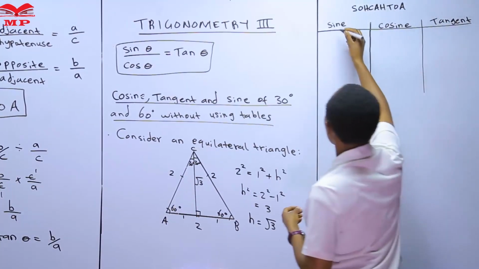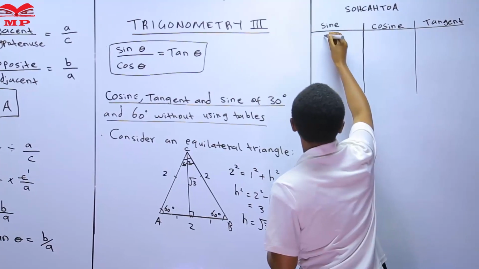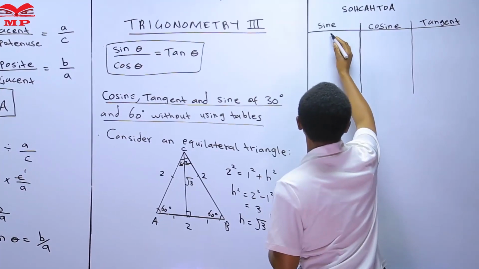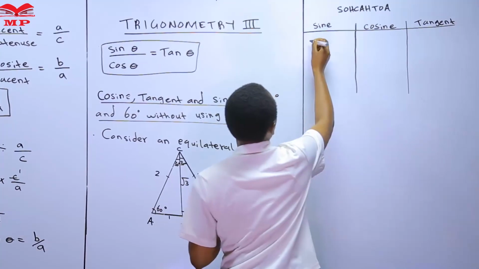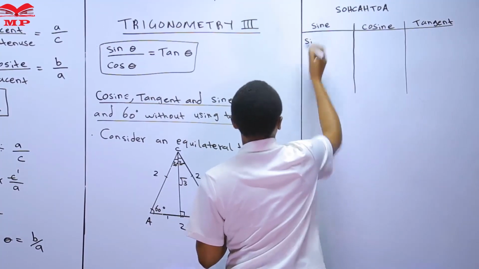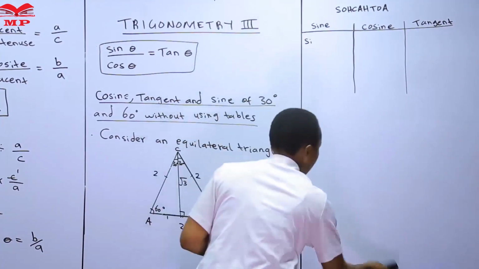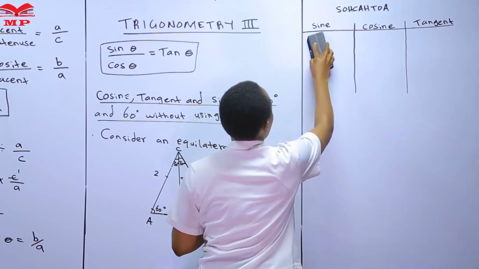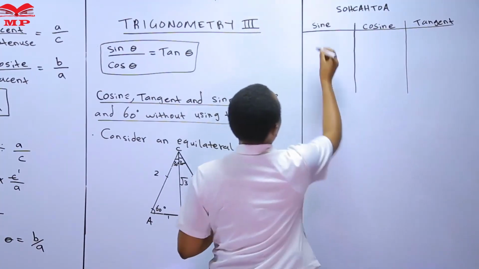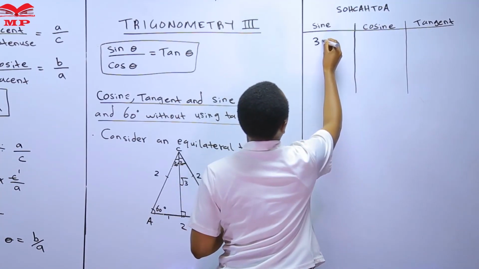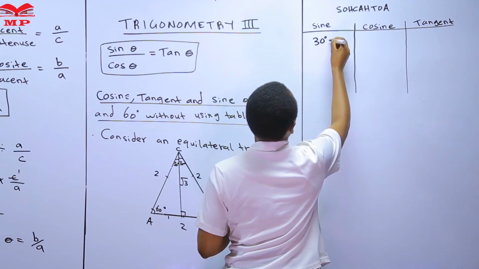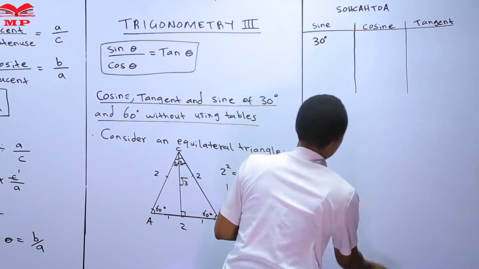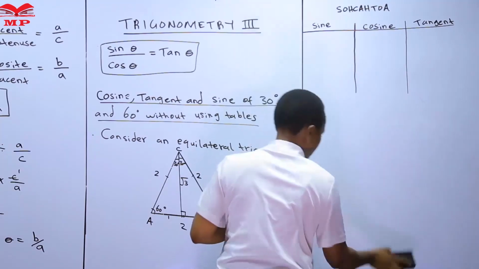We can start with the sine of 30 degrees. Let me just write it as sine 30.